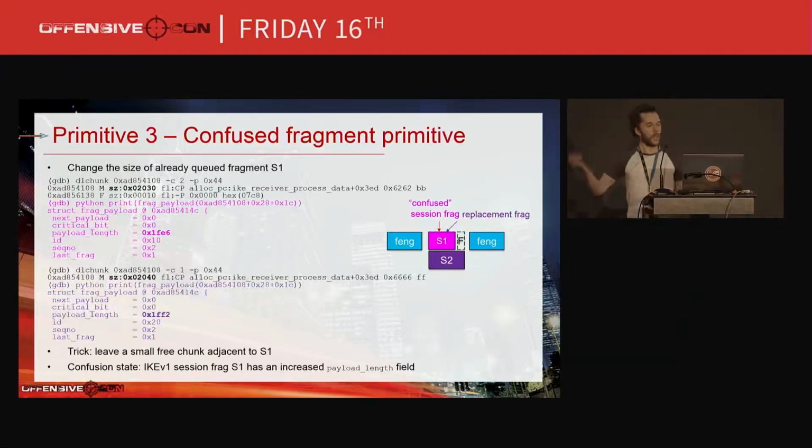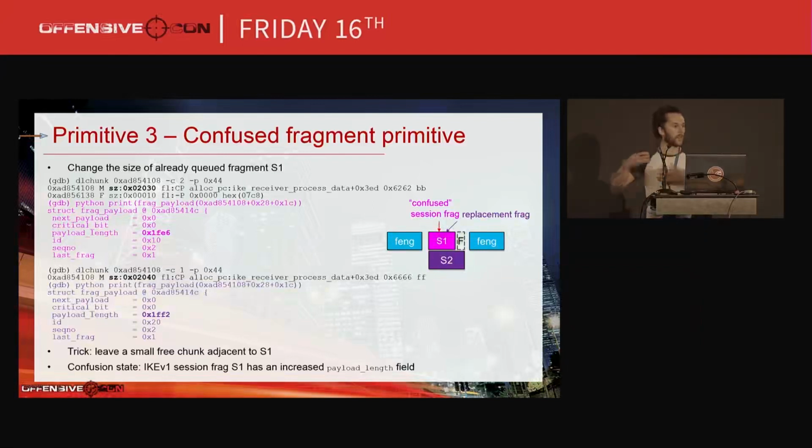Later, we do our repeatable free, we reallocate a different chunk from a different session, and now we can see we replaced it with a payload length of 1FF2. Basically what happens is we confuse the pink session fragment and we increase its length.